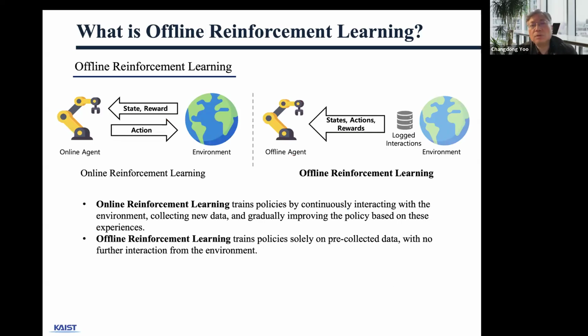Now, you can perform RL in an offline manner or an online manner. Offline is very simple. You gather data, then you determine all the parameters, and based on those parameters, you execute the action in the real environment. In online RL, the robot performs the action and gets feedback.